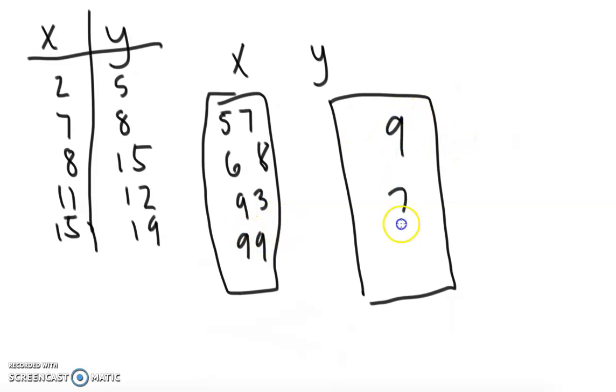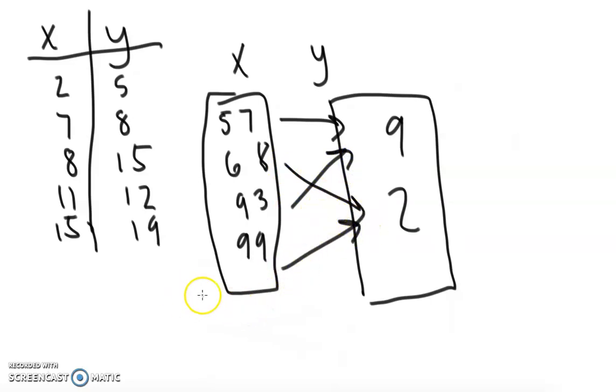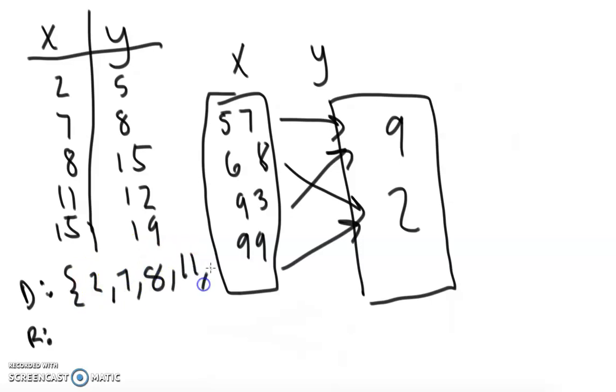cool. So we only got two values here, actually. What we're going to do is put the arrows. They also want us to state if this is a function or not, but we're just going to do domain and range right now. The domain, as I said previously, is the x values. And the range right here is 5, 8, 15, 12, 15, 19.